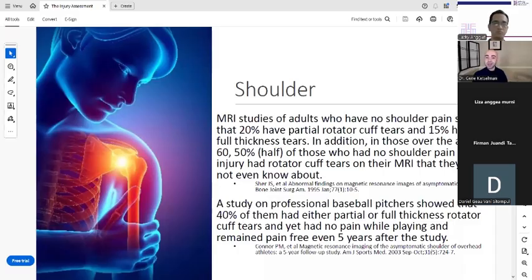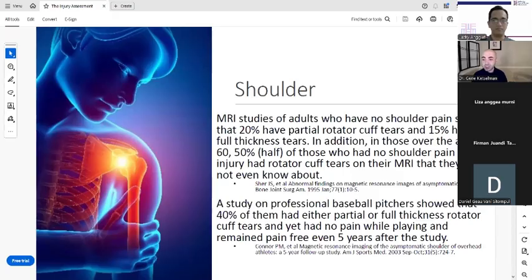So if you take somebody over the age of 60 without any pain, 1 out of every 2 individuals will still have this rotator cuff tear. Another study on professional baseball pitchers showed that 40% of them had either partial or full thickness rotator cuff tears, and yet had no pain while playing and remain pain-free even after 5 years after the study.